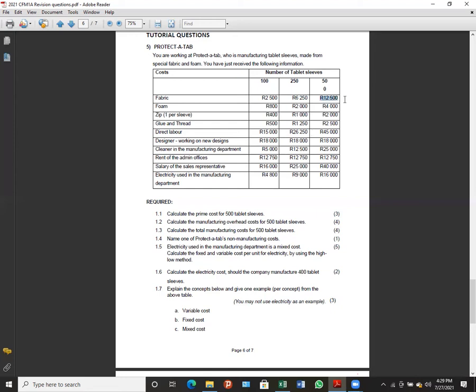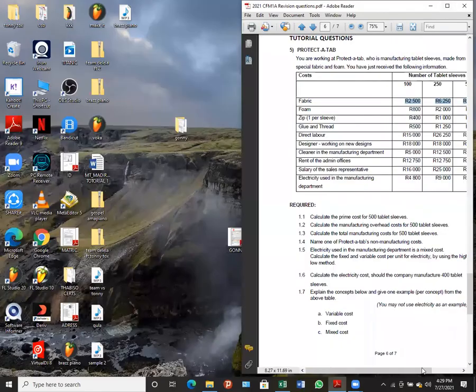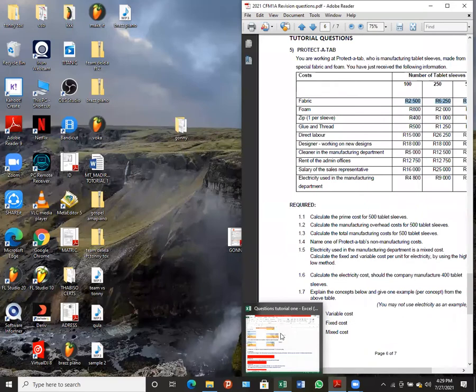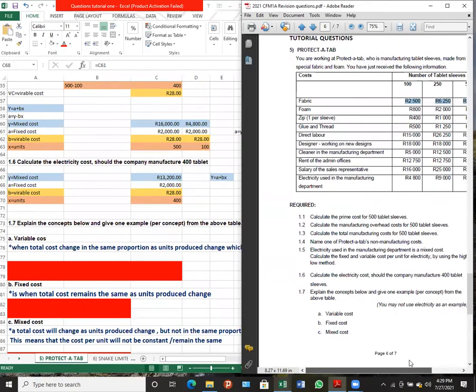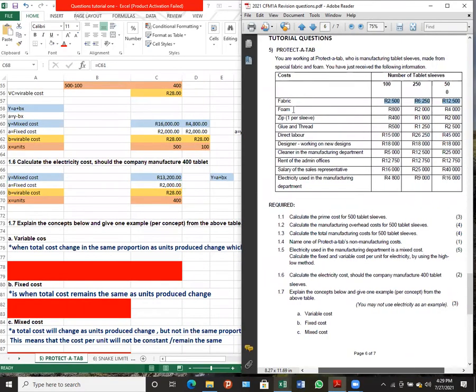Here, 12,500 divided by 500. I'm still getting what? 25. This means, guys, this is a variable cost. You see, this cost meets the definition of variable cost. Even if the question asks whether fabric is a fixed cost, a variable cost, or a mixed cost, you can prove it.